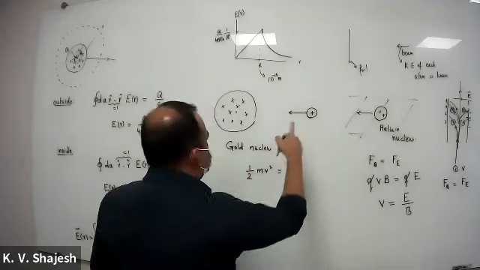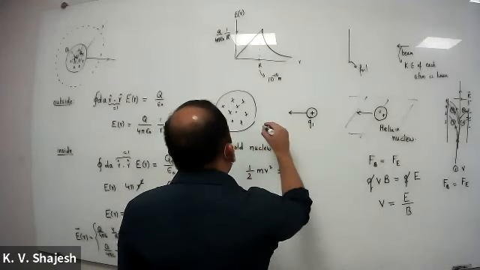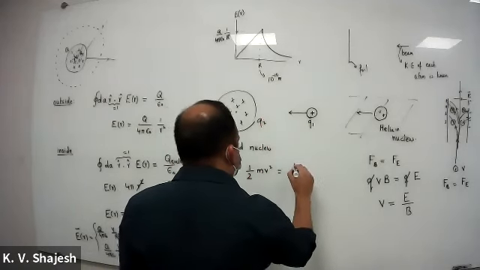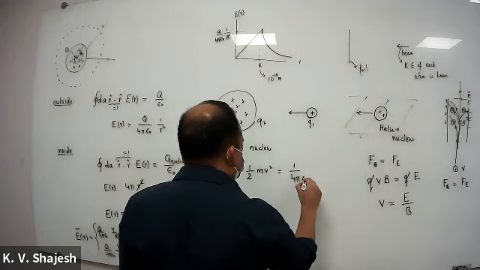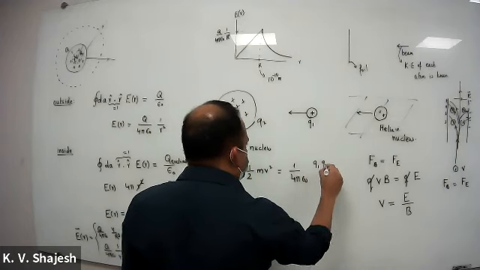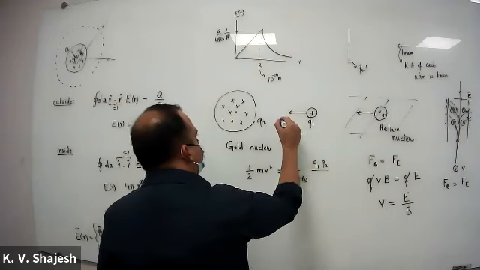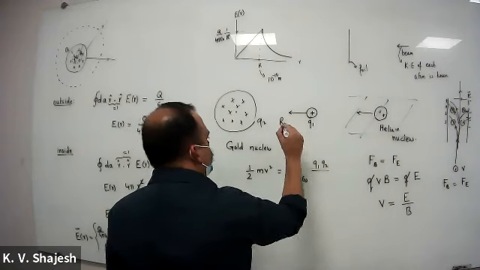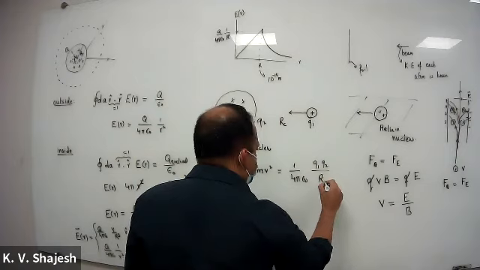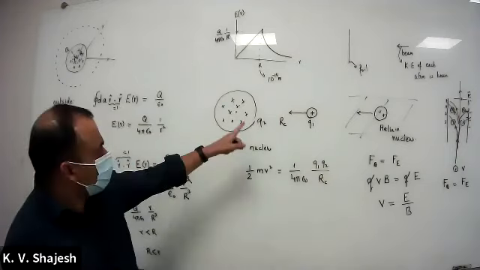So this is Q1, Q2, 1 over 4 pi epsilon naught, Q1 Q2 over how far? There is a specific critical radius, RC. There's a maximum, that's it.